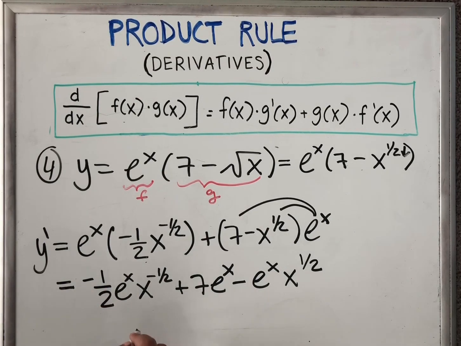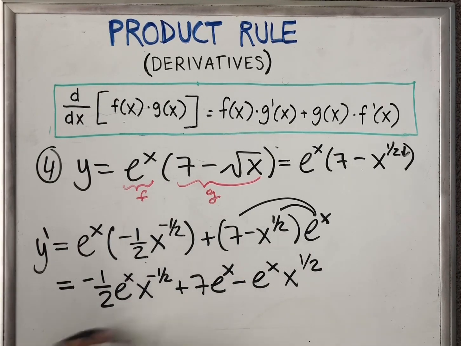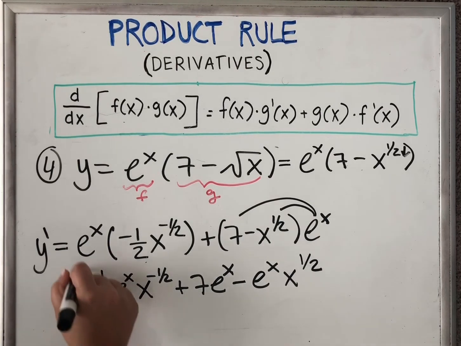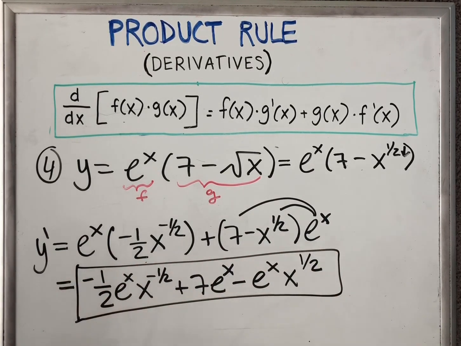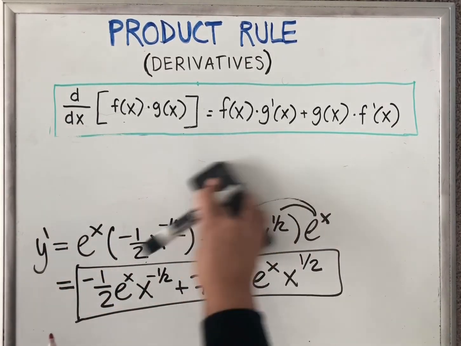If you want, you could pull out an e to the x. Sorry, I think this is out of the screen here. I'll just box this for now, and then I will erase this up here to show you the simplified form.